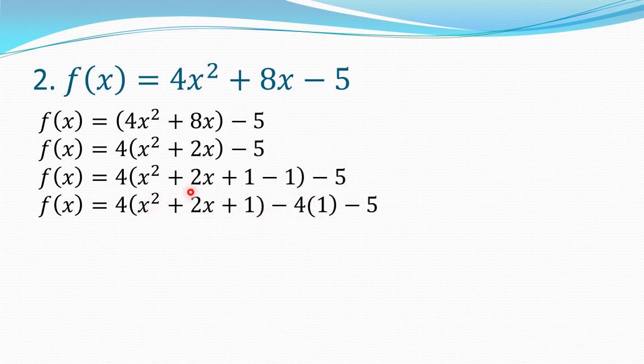Now we're free to factor this because it's a perfect trinomial square. And then we just multiply and add or subtract whatever we have here. That's just 4 times the quantity x plus 1 squared, minus 9. It's now of the form a times (x minus h) squared plus k. So your k is negative 9, and your h is negative 1.